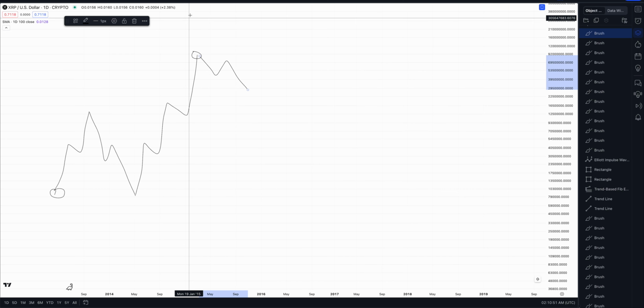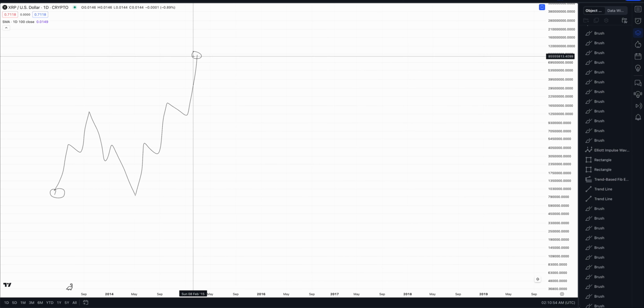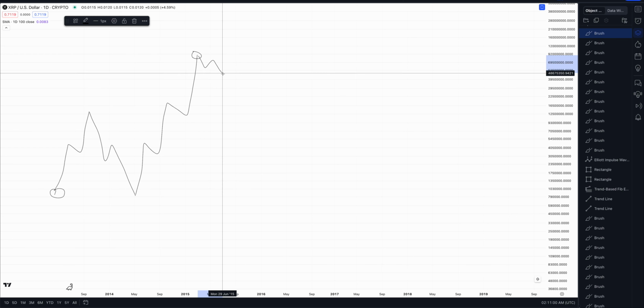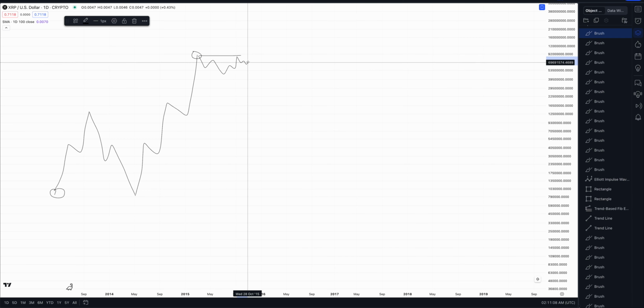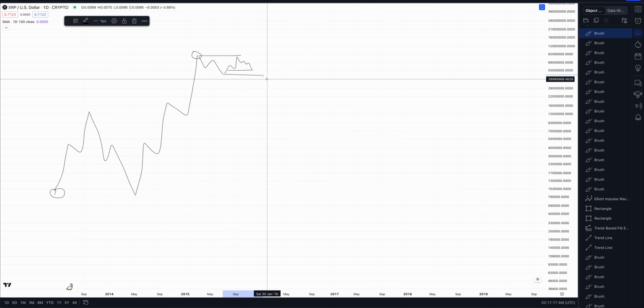Okay? Now, what XRP did was what's called an Elliott wave flat pattern, where we had a 3-wave move down, right? We had a 3-wave move up, failing to breach above this high, and then we had a 5-wave move to the downside, finding support at the 61.8% fib and failing to breach below this A wave low.